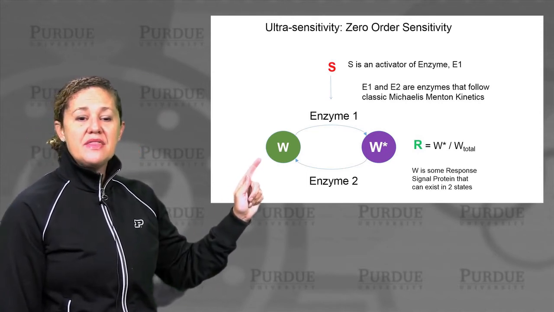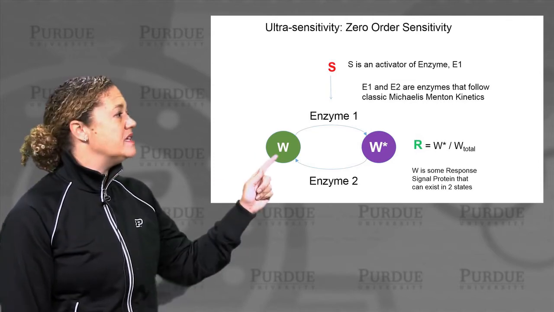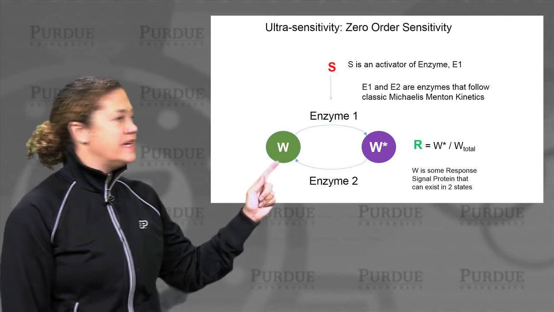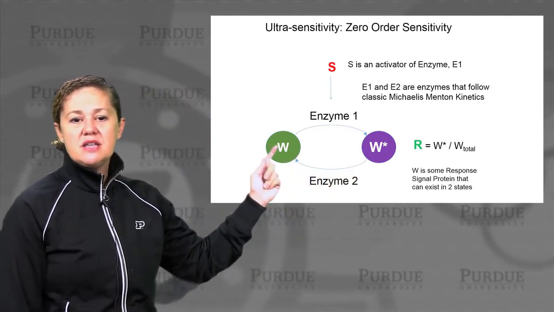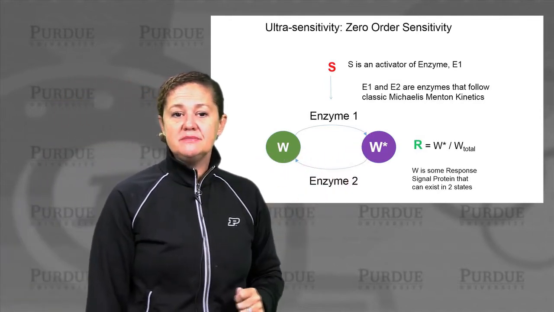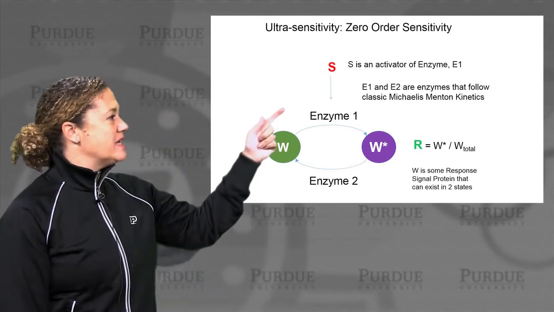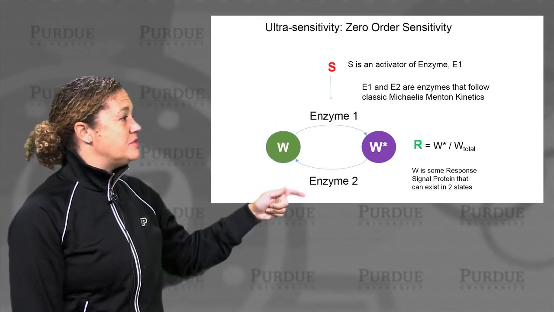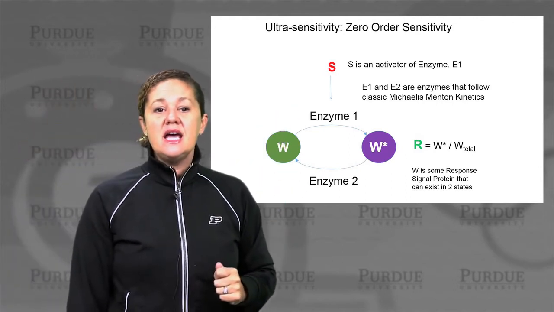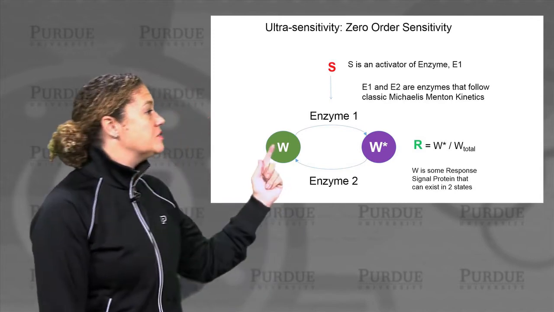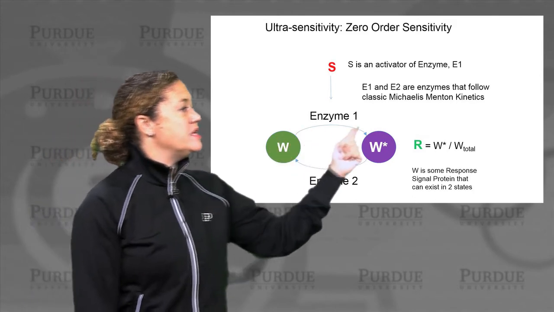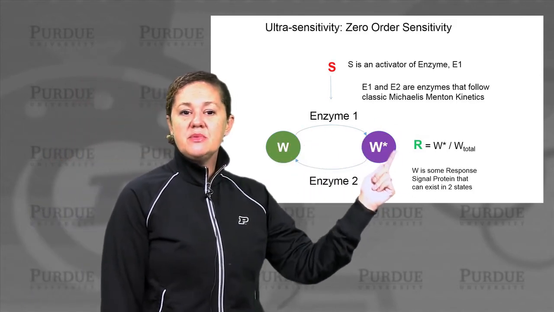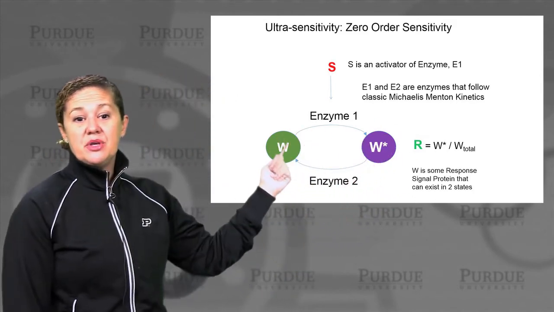Imagine that this W molecule is a protein that can exist in two states that we'll simply call W and W star. And we've got two enzymes, enzyme 1 and enzyme 2, that catalyze and control the switching back and forth between converting W into W star and W star back into W.